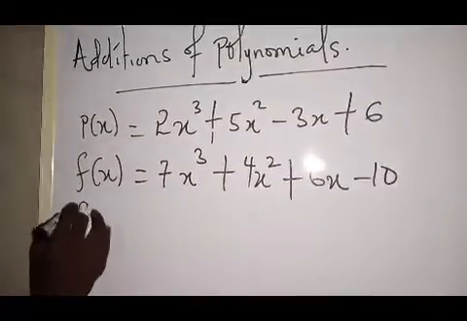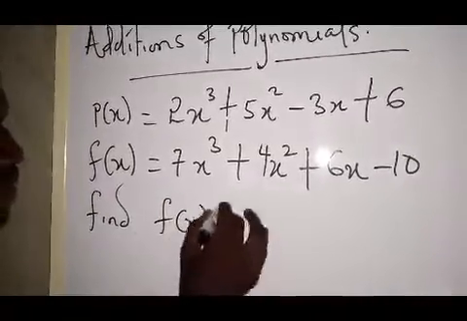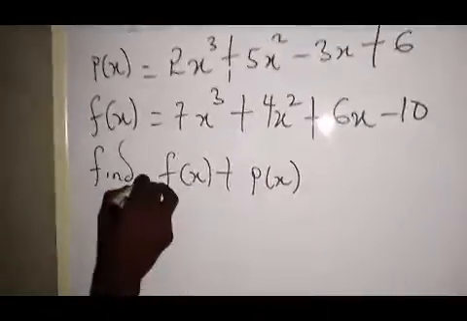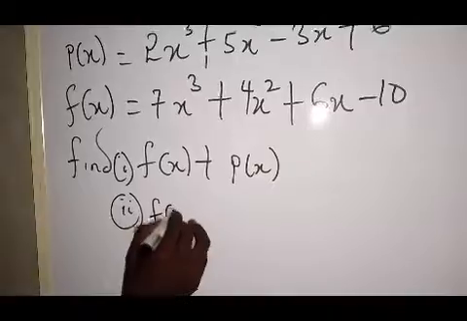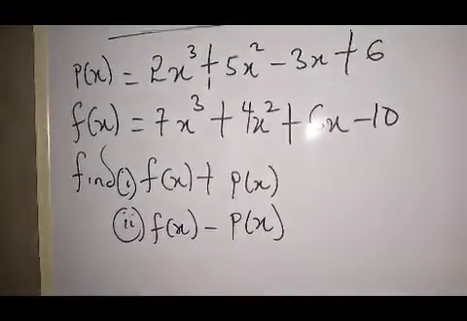Now let's say I want to find, number 1, f of x plus p of x, and number 2, f of x minus p of x. So I'm talking about addition and subtraction all together.